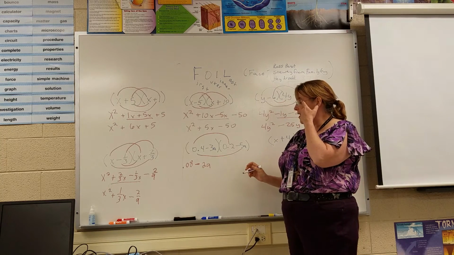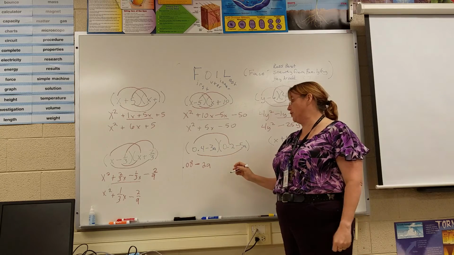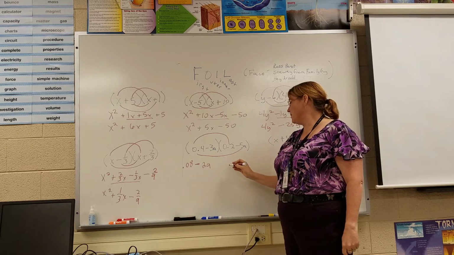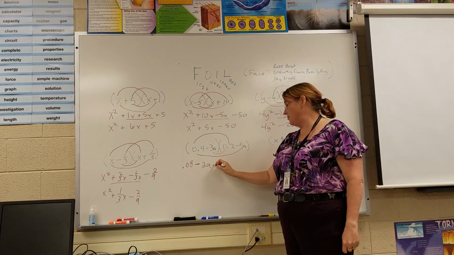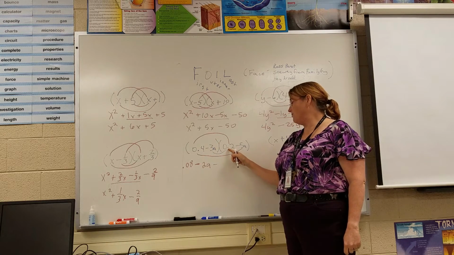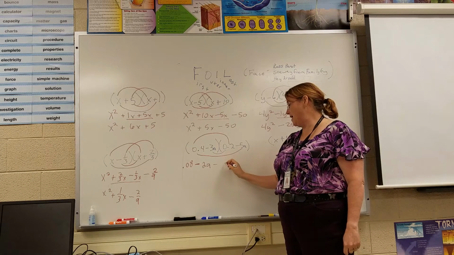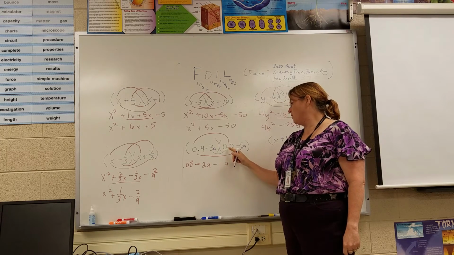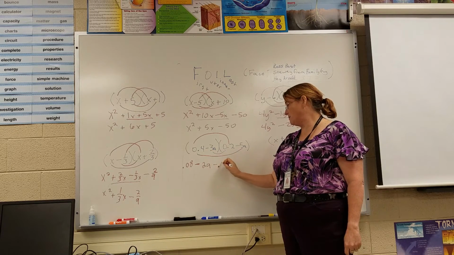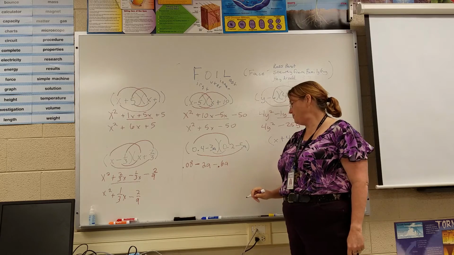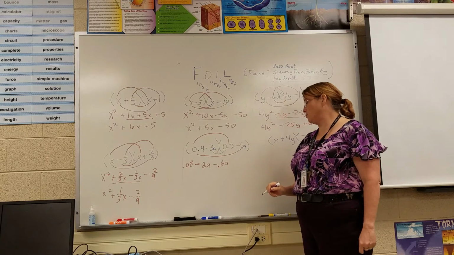Because 20 with 1 decimal place is a 2. So we have minus 2a. Inner, a minus times positive again is another negative. Again, I have 1 decimal place, and I have an a. So I'm going to say 2 times 3 is 6, but I'm going to have 0.6, because I have 1 decimal place.